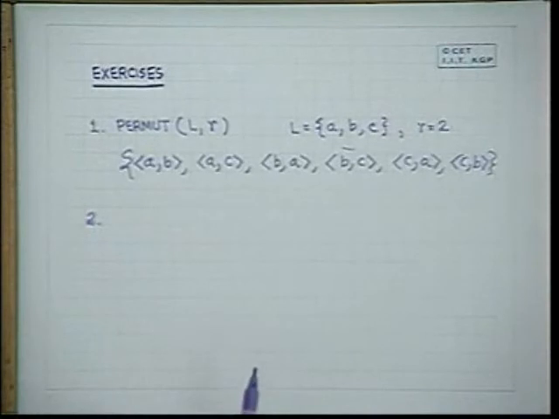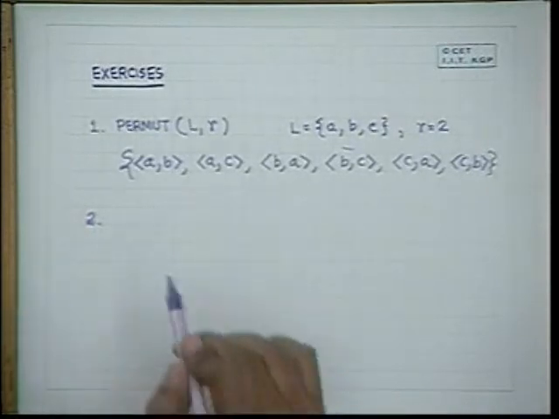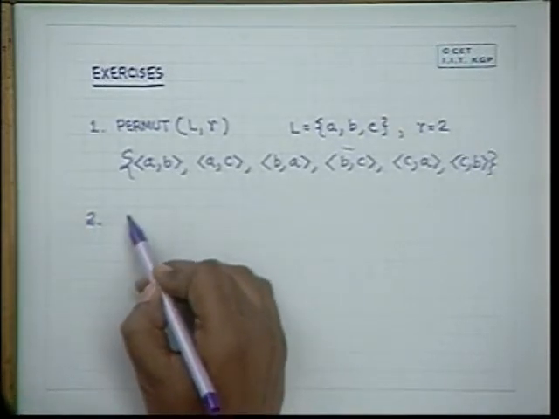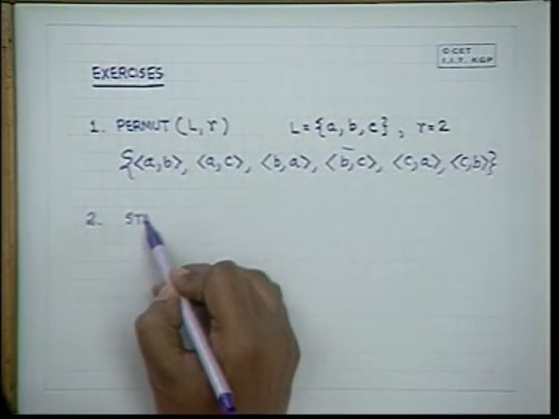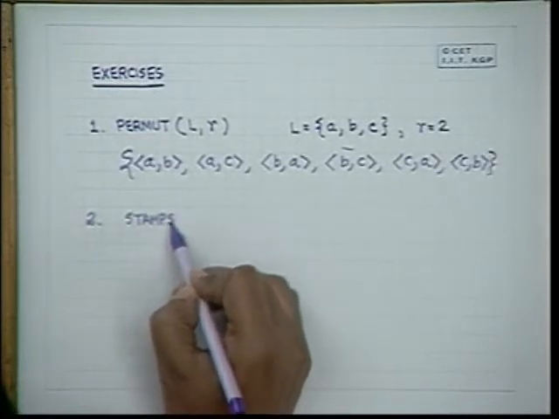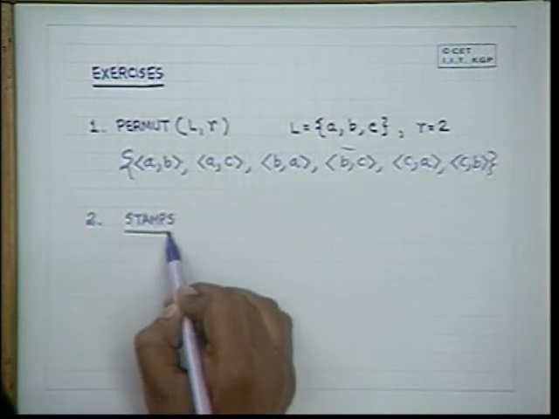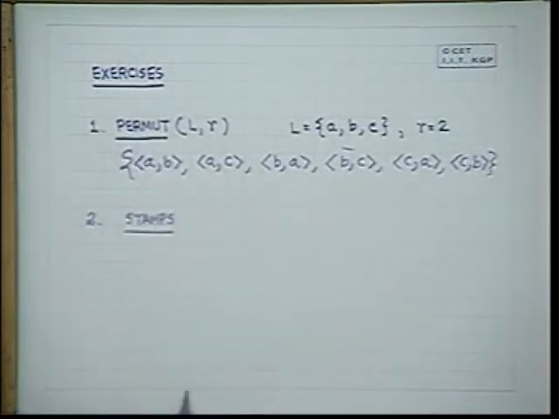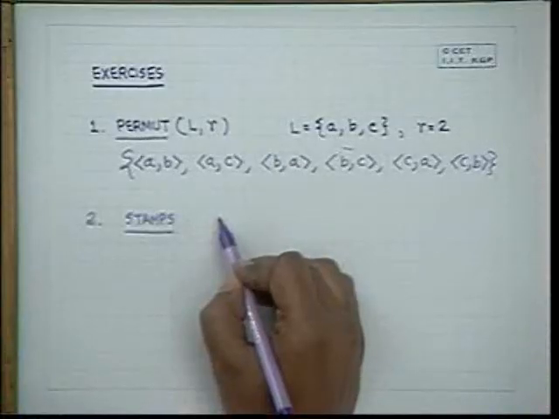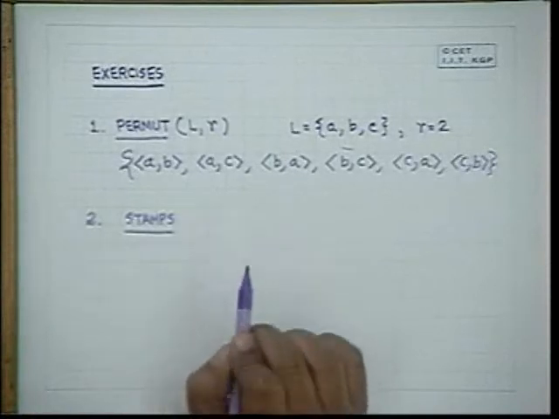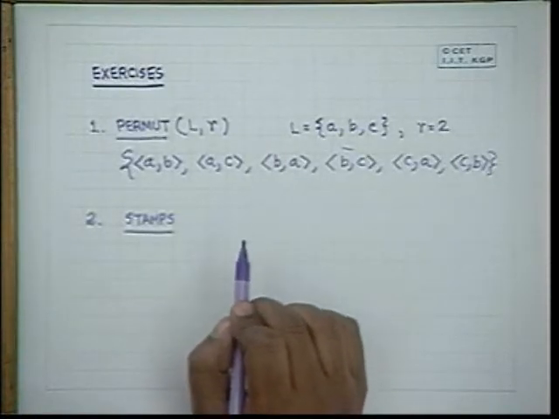The second problem is, let us call it the stamps problem. You are given a set of stamps. Stamps means you are given a set of values of stamps. All right.